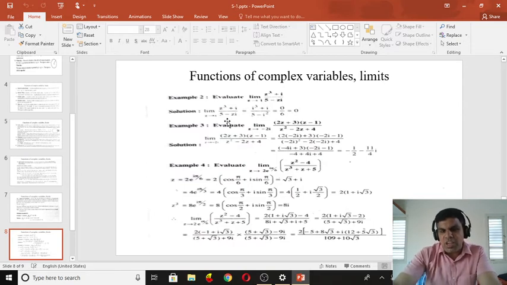First you take z equal to 2 times the exponential function e power i theta, which is cos theta plus i sin theta. In the same way you express here cos pi by 6 plus i sin pi by 6. What's the cos pi by 6? Root 3 by 2. So plus i times sin pi by 6, which is 1 by 2. So 2 times root 3 by 2 plus i times 1 by 2. Here the 2s get cancelled, root 3 plus i we get.